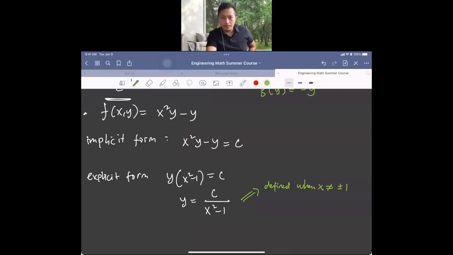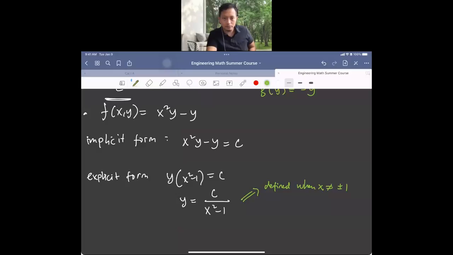But sometimes, maybe we can have more examples, there is what we call almost exact. So we can do some manipulation and make it exact. Okay, but that will be later.